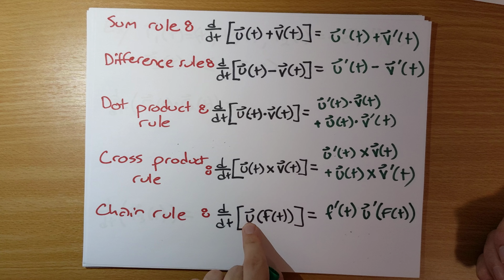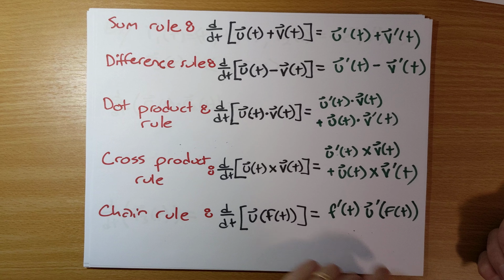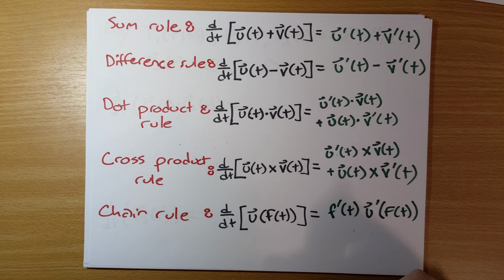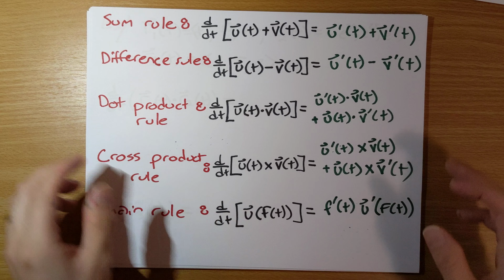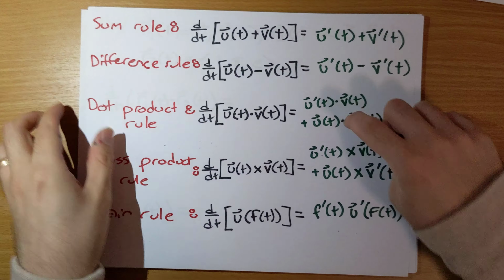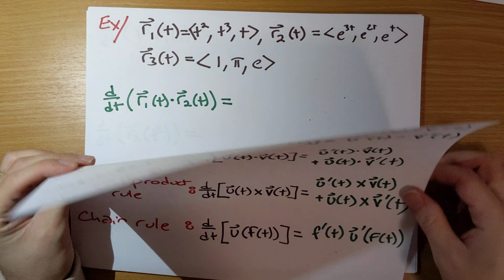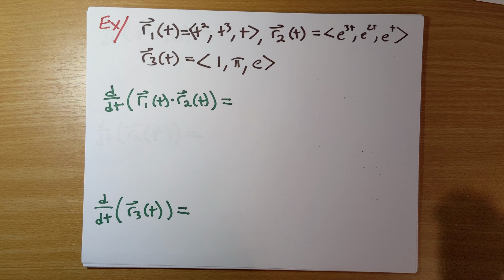Take the derivative of the outside function u of t, leave the inside alone, as though it's f of t, multiply it by the derivative of the inside function, f prime of t. Okay, so there's 1, 2, 3, 4, 5, 6, 7, 8 rules here. Let's do a few examples using these.